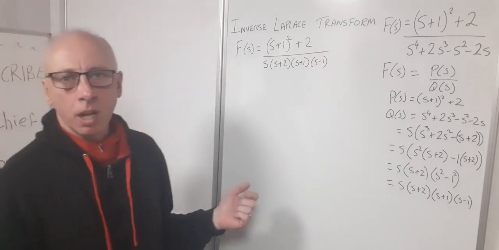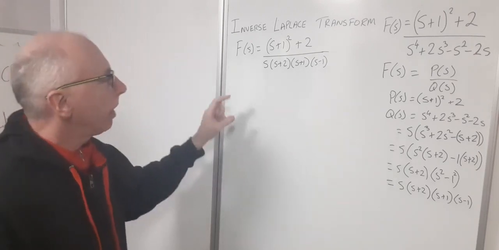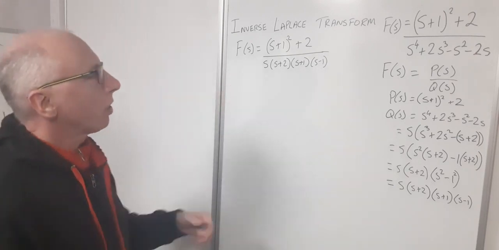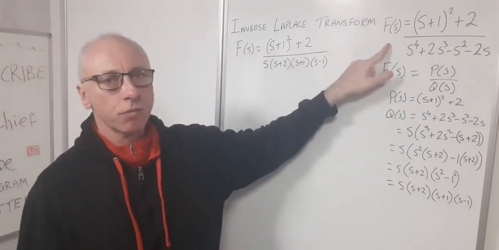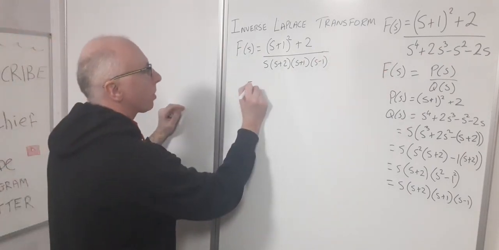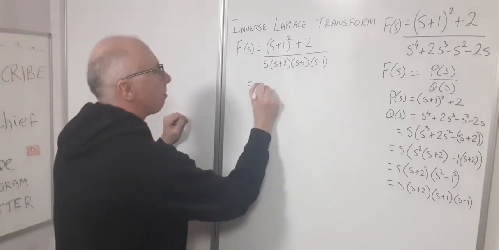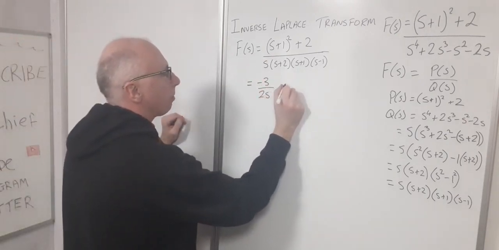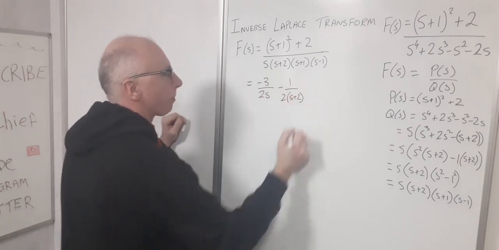Now if you check the link below, you'll see the video where we went through all of this process in detail and got a result for this partial fraction decomposition. So I don't want to do that in this video because I want to concentrate on the inverse Laplace transform of this function. But the result we got was, this then translates to -3/(2s) - 1/(2(s + 2)).